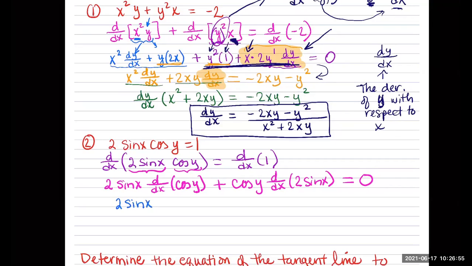All right, but now we're going to take the derivative of cosine y. That means we're going to have to use the chain rule. y is the inside function. So we take the derivative of the outside function. What do we get for the derivative of cosine?